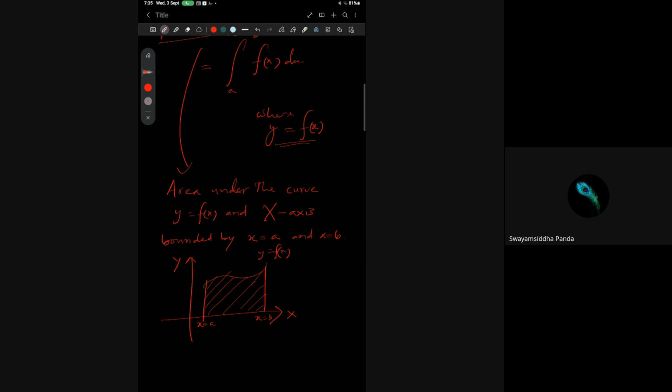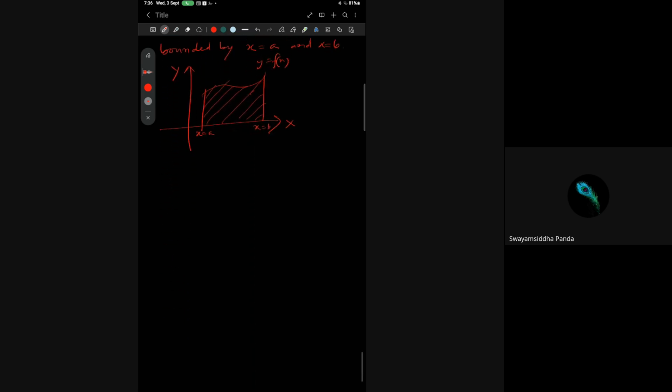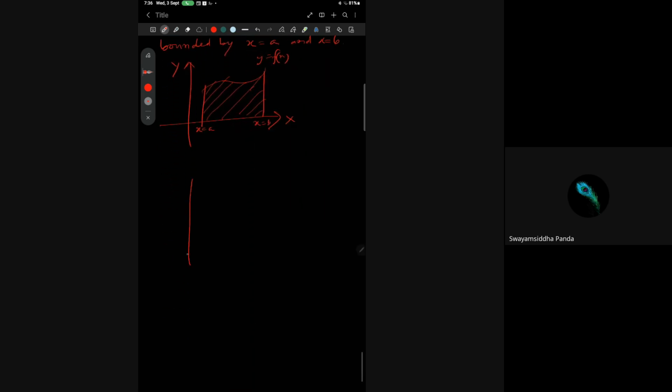Now this area, I mean for a computer, we have to discretize. So in order to find this area, let me draw it again. I have to find the area, so what will I do? I will cut it into strips.